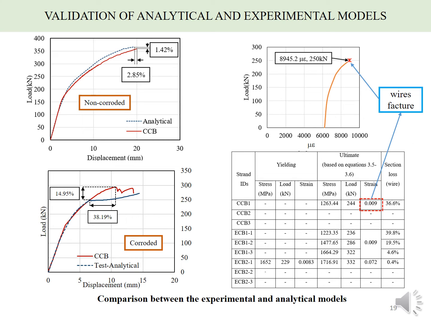The reason that the corroded strand has a larger error is the limitation of the equivalent material model that we adopted. So as a result, it showed that both the non-corroded strand and corroded strand models show a good, reasonable agreement with the experimental results.